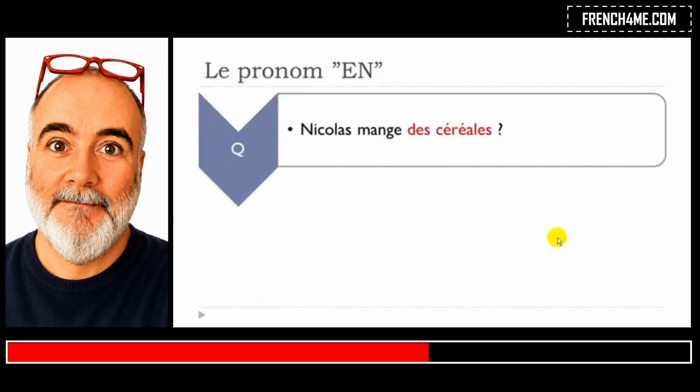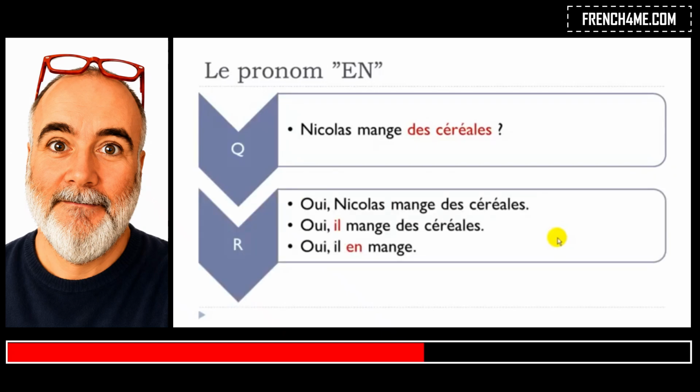So let's see now. Nicolas mange des céréales. So here we've got the plural form. Oui, Nicolas mange des céréales. Oui, il mange des céréales. Oui, il en mange. All right? So basically when you've got the plural form for des céréales here, you don't put anything after your verb.